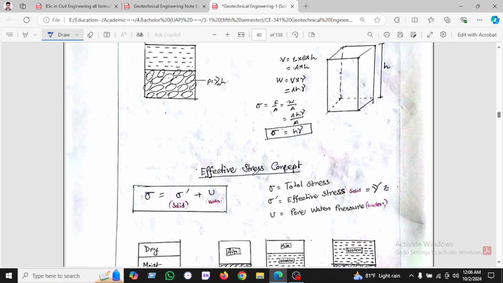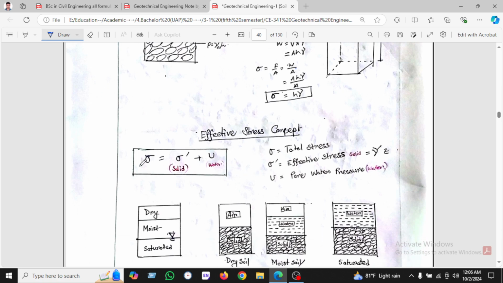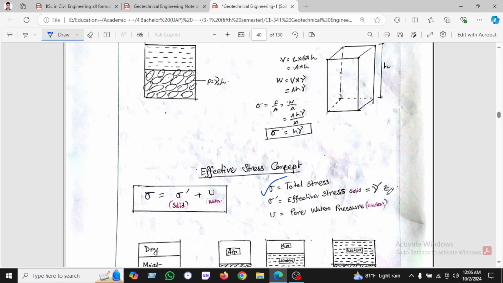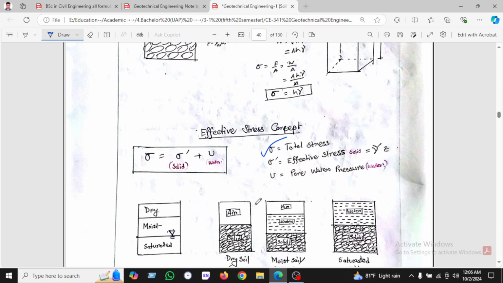Let's see the effective stress concept. Sigma equals the solid portion plus the water portion. So we know sigma is the total pressure, and the effective pressure is in the solid portion, gamma z, and the other one is u, which is the pore water pressure in the water.